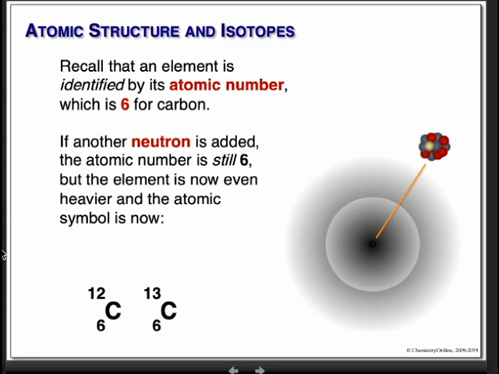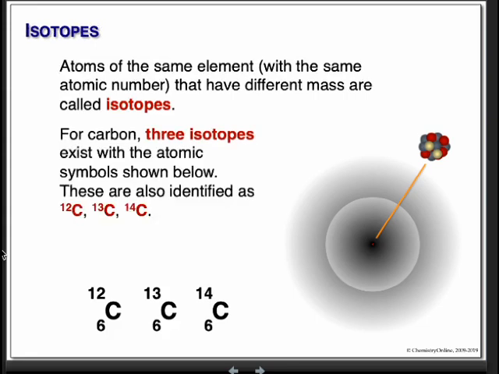We add another neutron. Mass number is now 14, but it's still carbon. These are called isotopes. Typically, carbon will have 3 isotopes, carbon 12, carbon 13, and a tiny bit of carbon 14.